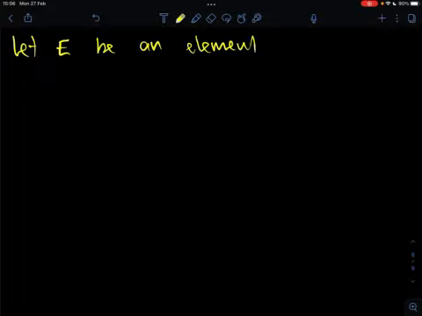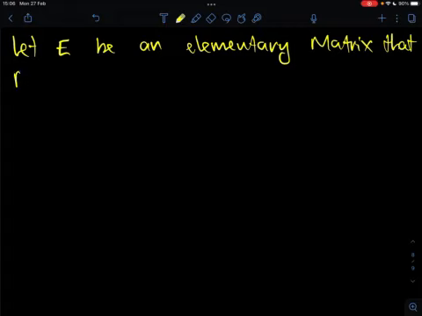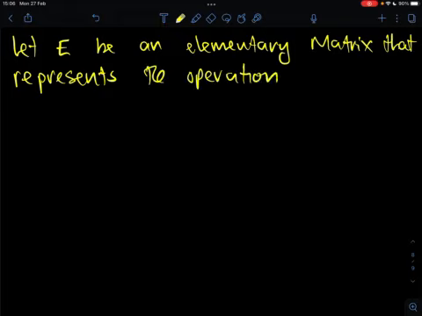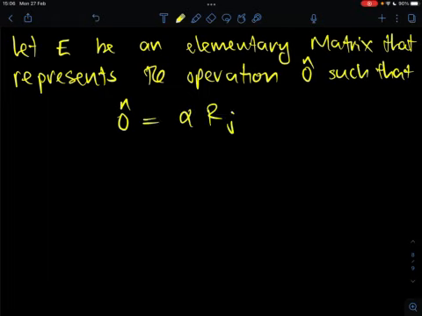The second thing that we want to look at is this. Suppose E is an elementary matrix that represents the operation O, such that O is the operation alpha Rj, which stands for multiplying some row j by some alpha.